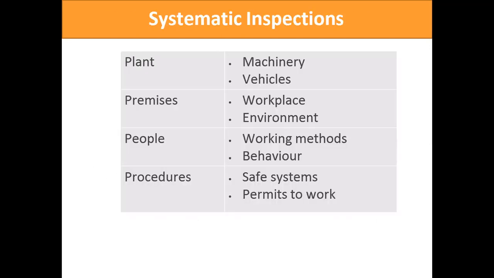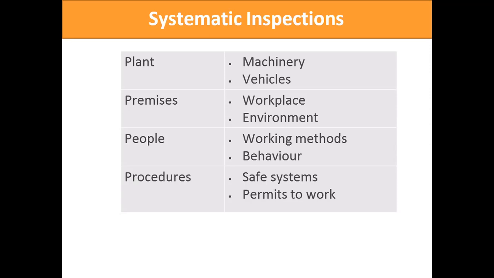Then what is the method or process for systematic inspection? There are 4 P's in a systematic inspection. Plant: machinery and vehicles. In the category of plant, we will check the machinery and vehicles.